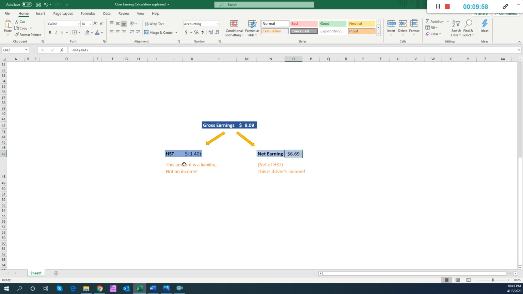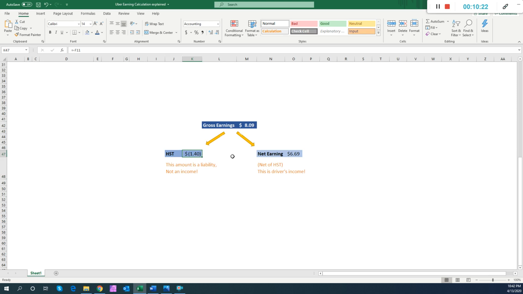So this HST amount, in accounting terminology, is a liability of the driver. The driver owes this much money to the CRA, Canada Revenue Agency, right? So this $1.40 is not your income.